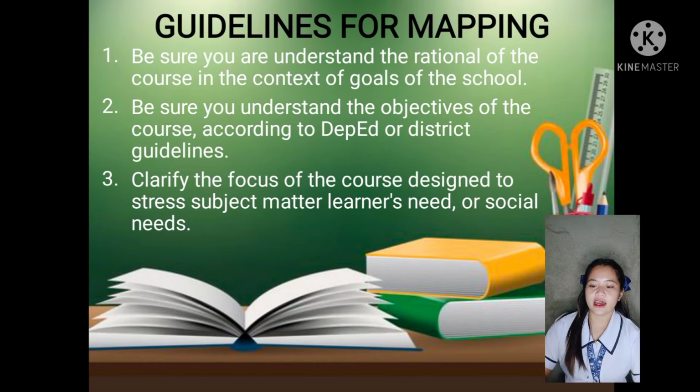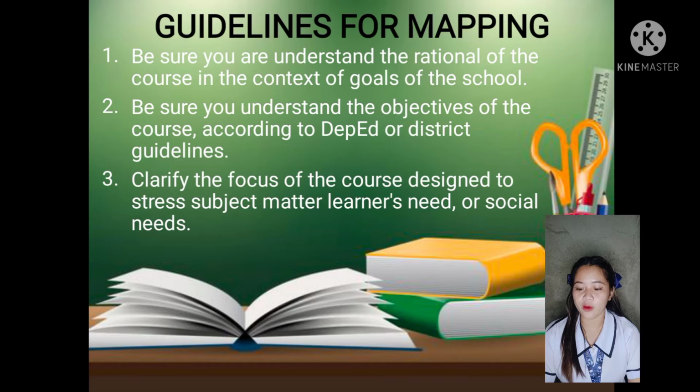So here are the guidelines for mapping. Number 1, be sure you understand the rationale of the course in the context of the goals of the school. 2. Be sure you understand the objectives of the course according to DepEd or district guidelines. 3. Clarify the focus of the course, designed to stress subject matter, learners' needs, or social needs.